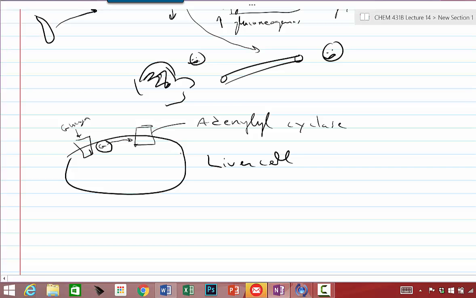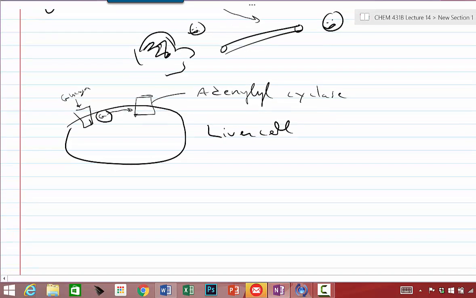What adenylyl cyclase does is it converts ATP to cyclic AMP, and what leaves is pyrophosphate, which I'll abbreviate as PPi.